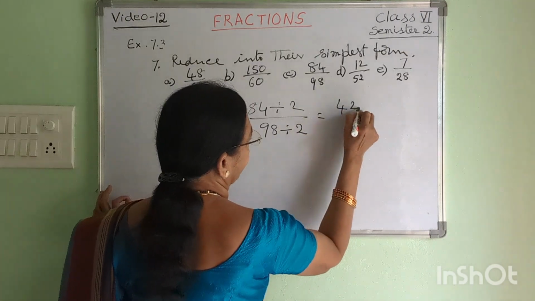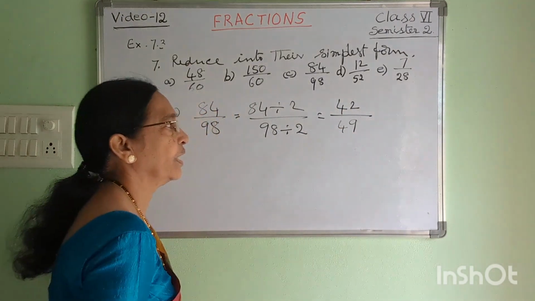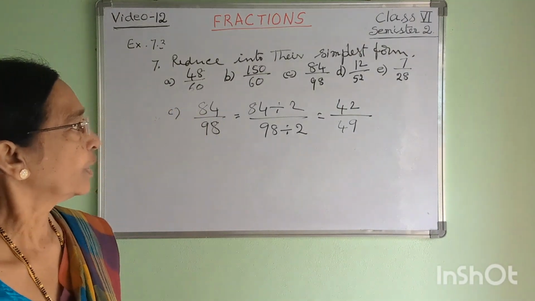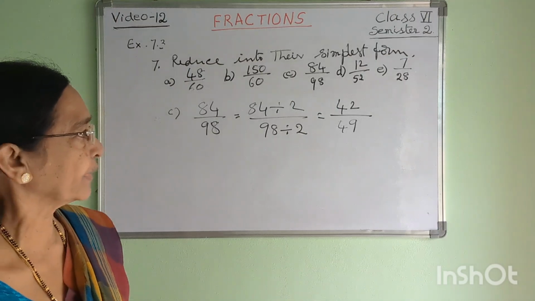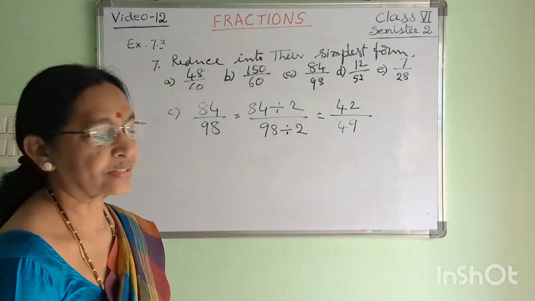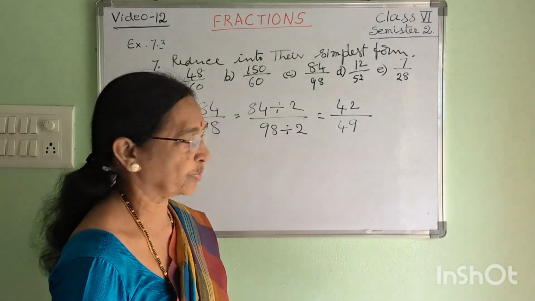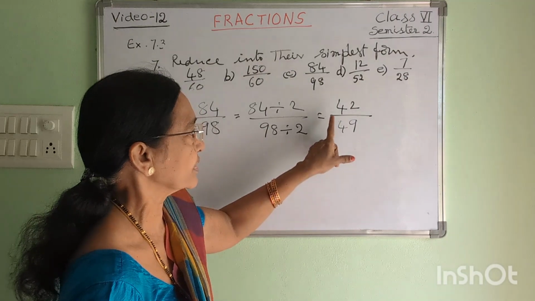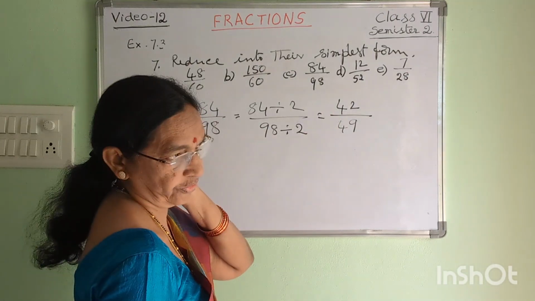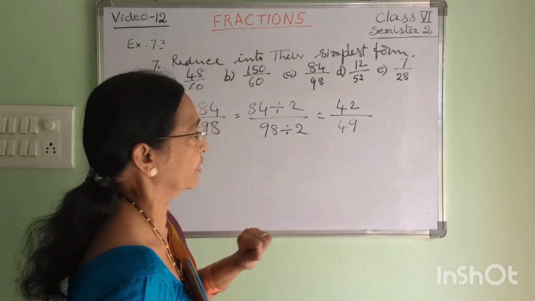This is 42 by 49. Now what is the common factor of 42 and 49? 3 is not a common factor because 49 is not divisible by this, but 7 is a common factor. 7 fives are 35, 7 sixes are 42, 7 sevens are 49.